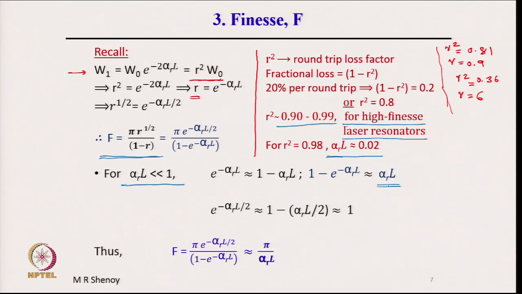So, the denominator term is simply alpha r into L. Now, again e power minus alpha r L by 2 is 1 minus alpha r L by 2, and alpha r L is already very small, and therefore, we can write it nearly equal to 1. So the expression for finesse can be simplified as pi divided by alpha r into L. This is a very good approximation for high finesse resonators.